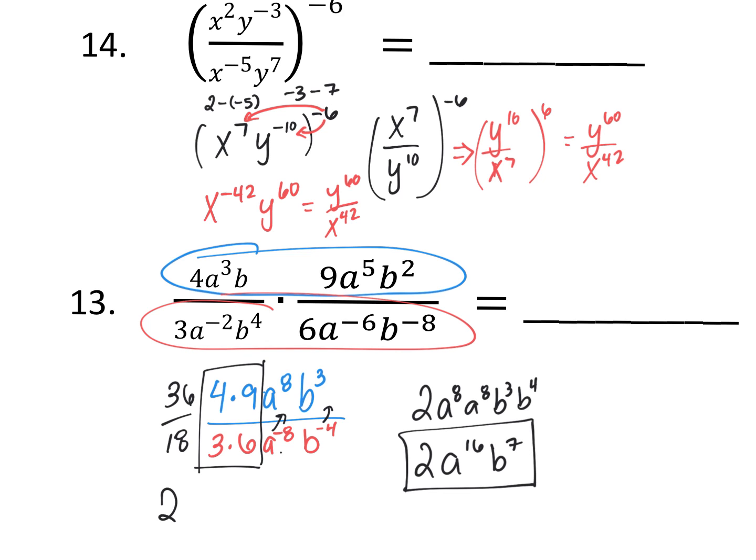Now, could I have subtracted? 8 minus negative 8 is positive 16, right? If I had done the subtraction here, 8 minus negative 8 gives me positive 16. 3 minus negative 4 gives me positive 7. But we really have to be super careful with the double negatives, right? Subtracting those negatives in the bottom, you've got to really pay attention to that.